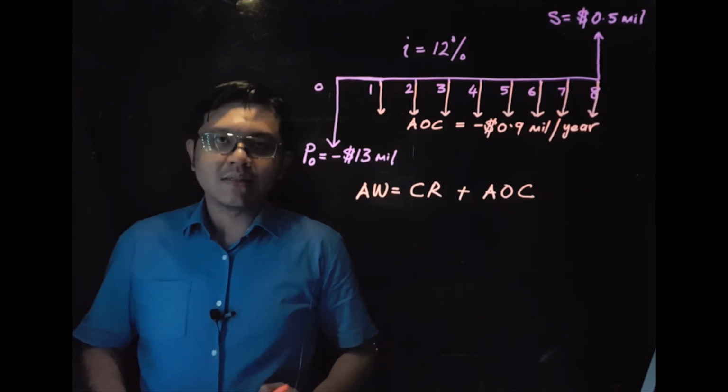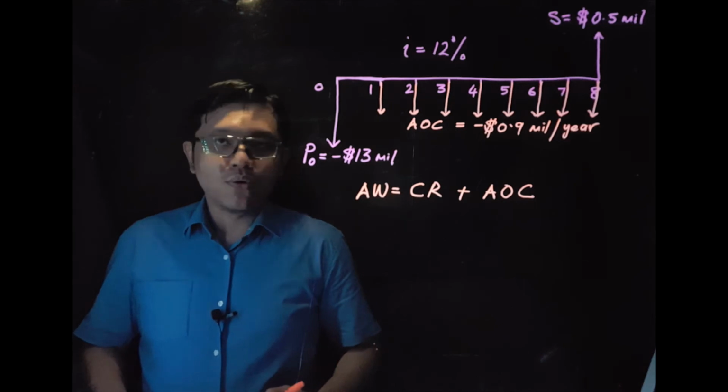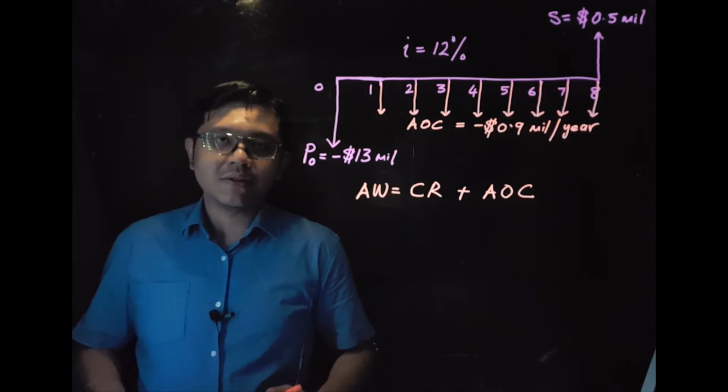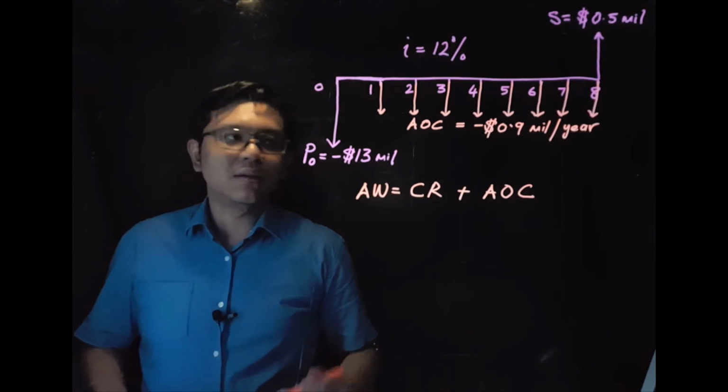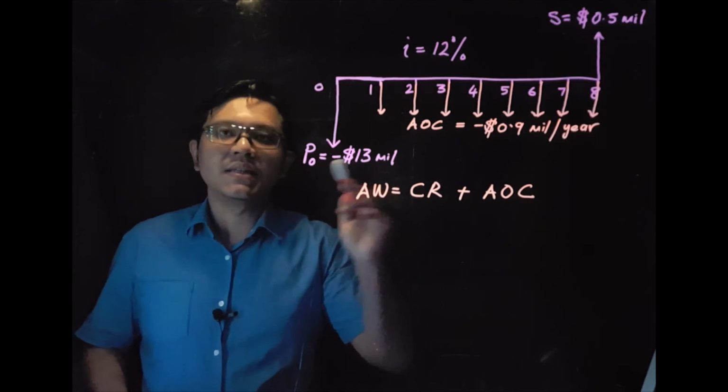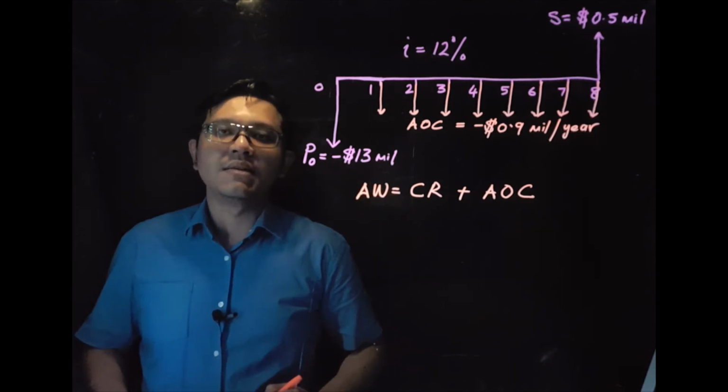The calculation is rather straightforward because both the capital recovery amount and the annual operating cost are already annual worth values. So we don't need to do any conversion on the figures, because what we are trying to find is the annual worth of the project.